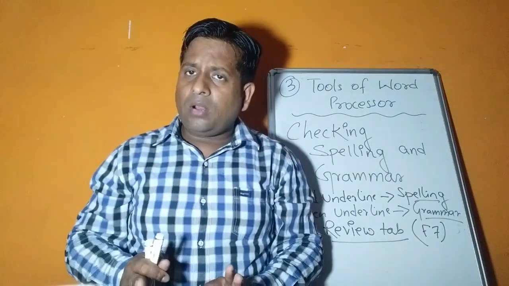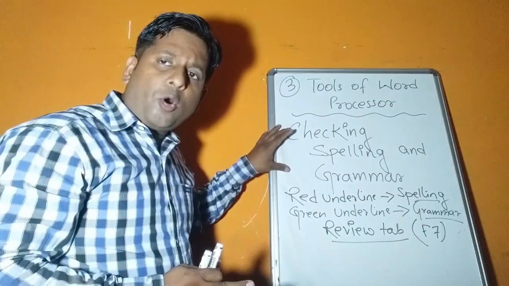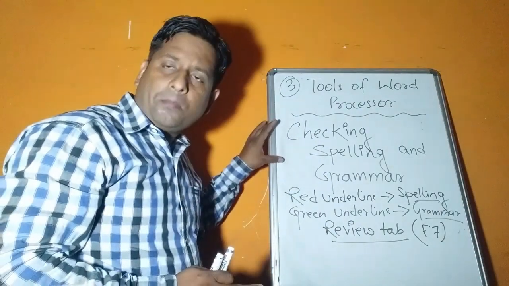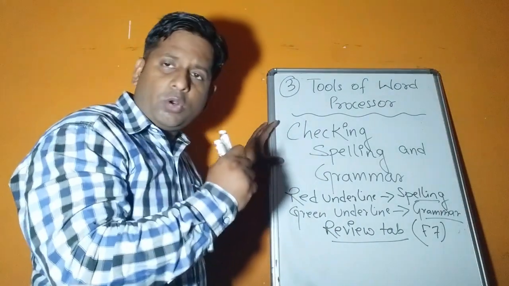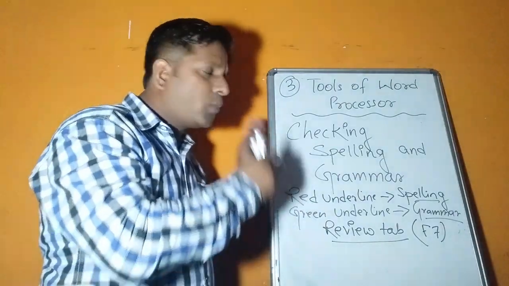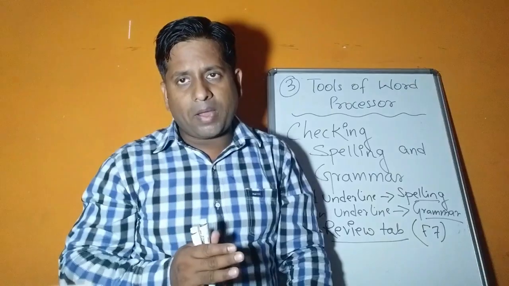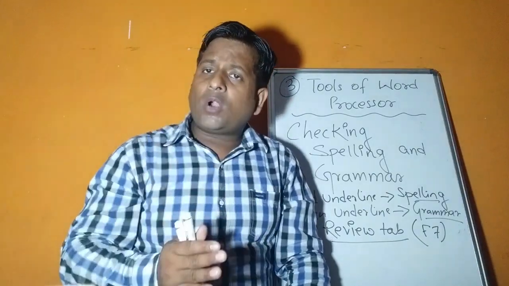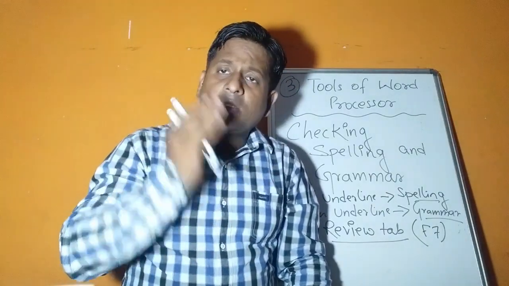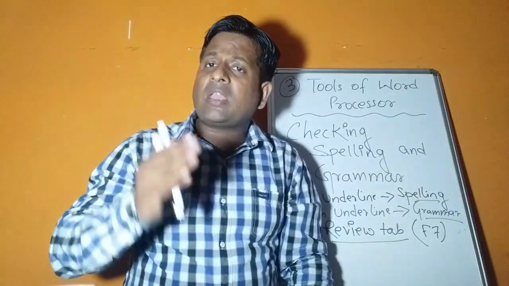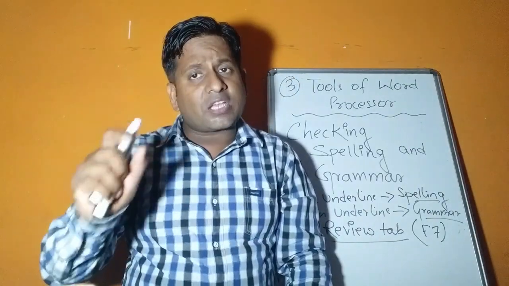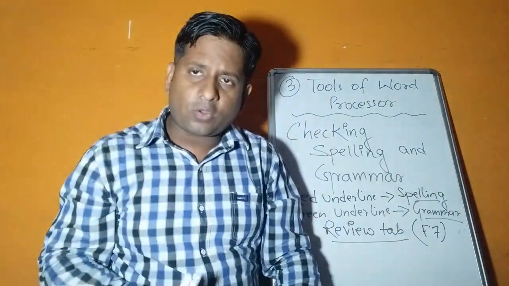It's very simple, easily we can do, and it is a very important feature of a word processor, basically Microsoft Word. Okay, these features we won't get in other text editors like Notepad and WordPad. That's why we call word processor a unique text processing application software.